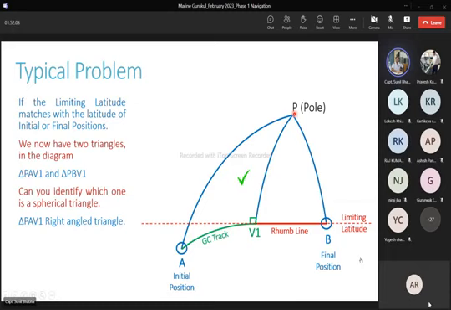Let's see how we solve it. The solution is quite similar to the one which we had done earlier. We will first solve the spherical triangle PAV1 using Napier's rule.